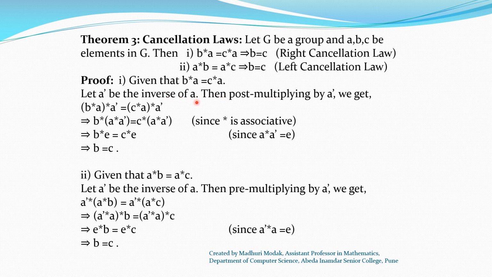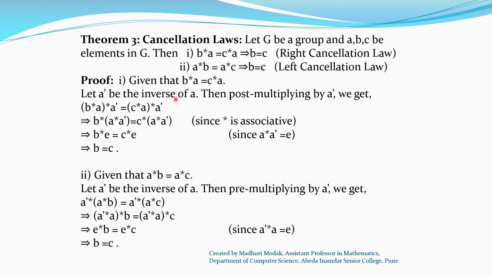Post multiplying by A dash means we are multiplying the left hand side and right hand side by A dash, after B star A and C star A. Post means after, and if we are multiplying pre, then it means before that term.